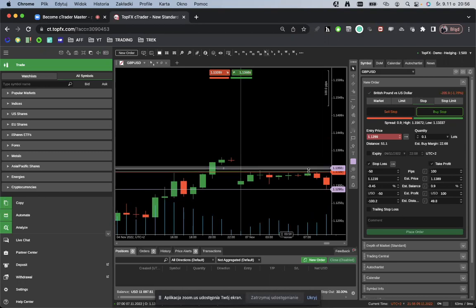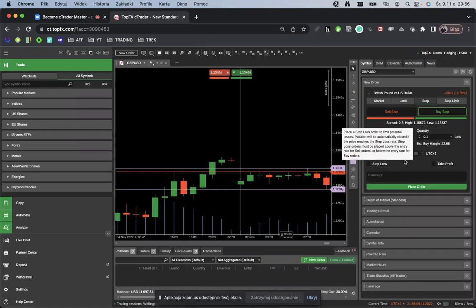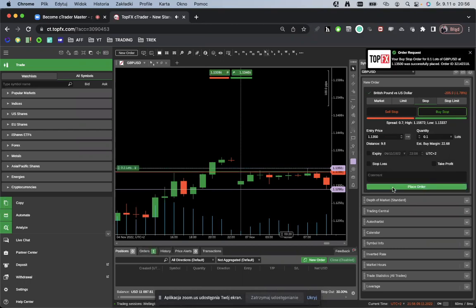Buy stop is the order that tells your trading platform, buy 1 mini lot for the entry price of 1.1350. Let's make it as simple as it can get: no stop loss, no take profit. This is what it tells your platform. So if I place an order right now, it's exactly what I've done.